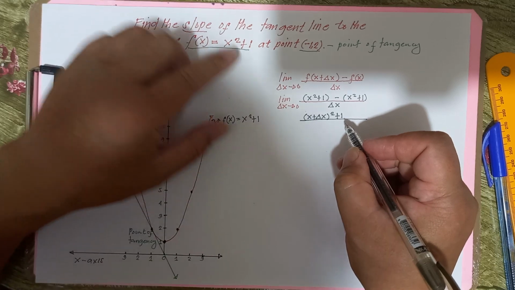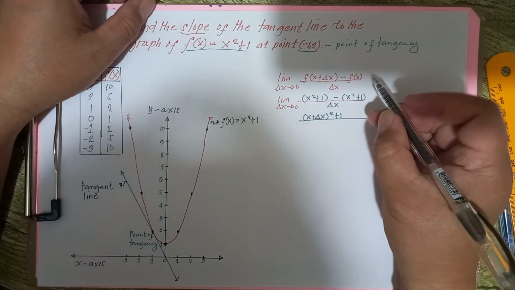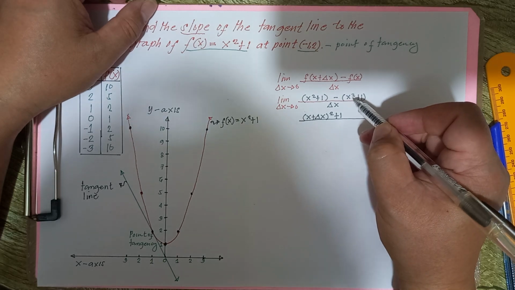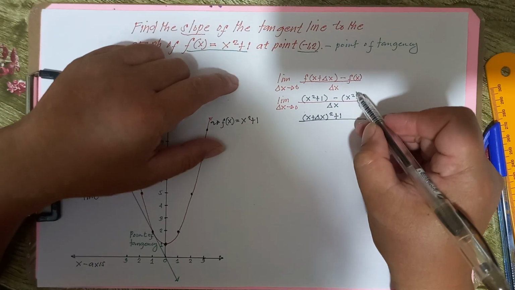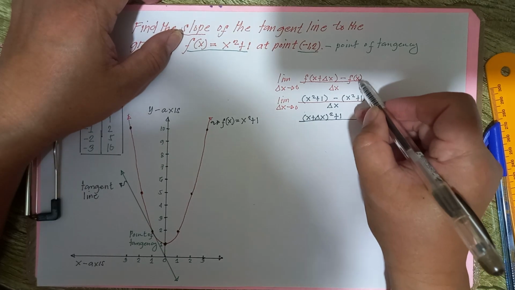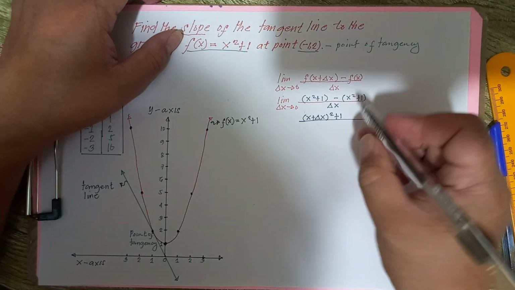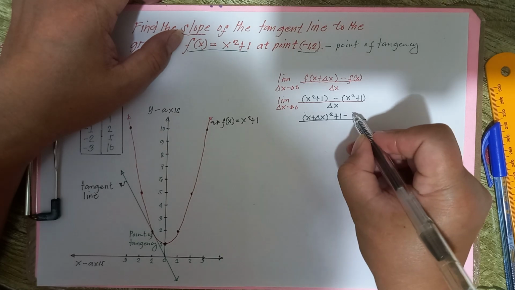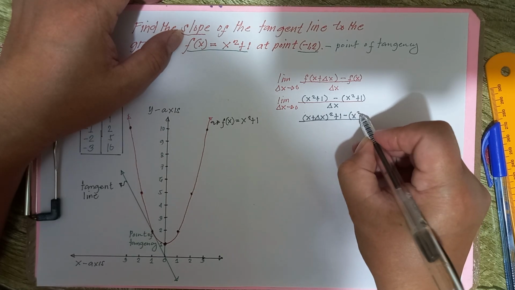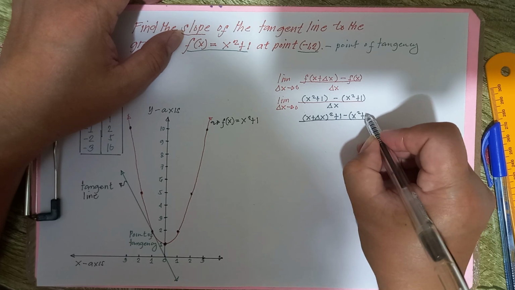And what about this part? What is the value of x in here? X raised to 2, we have in here just x. So we can say that it is minus x raised to 2 plus 1, just the same.